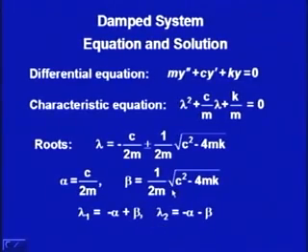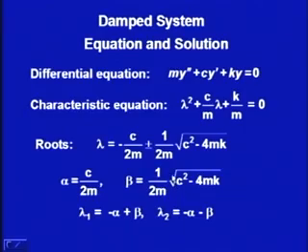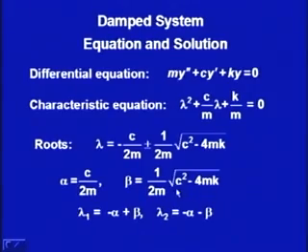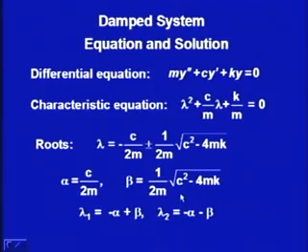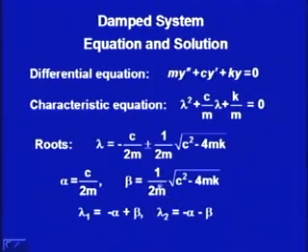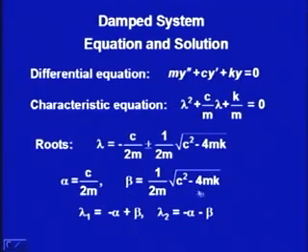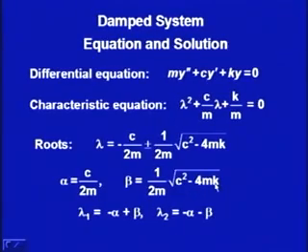Now, in beta we have the term square root of c square minus 4mk, where c, m and k are all constants. So, our roots will depend upon what is inside this square root, that is c square minus 4mk, whether it is a positive quantity, zero, or a negative quantity. Accordingly, we would have different roots.